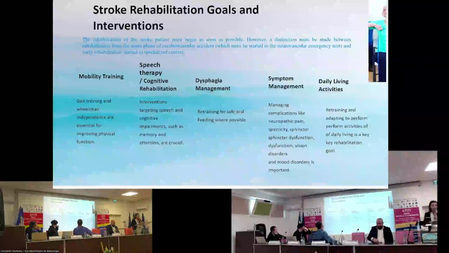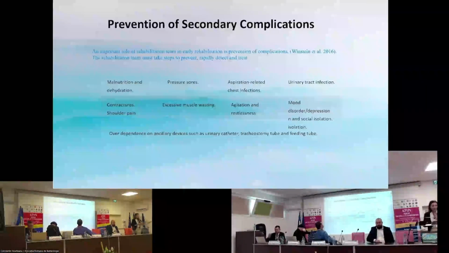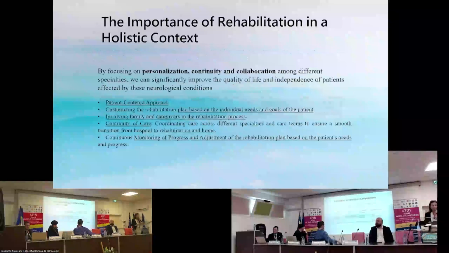But managing complications like neuropathic pain, spasticity, sphincter dysfunction, visual disorders, and mood disorders is also very important. Preventing secondary complications is also an important issue: malnutrition, pressure sores, aspiration, urinary tract infections, contractures, excessive muscle wasting, agitation, mood disorder, depression.